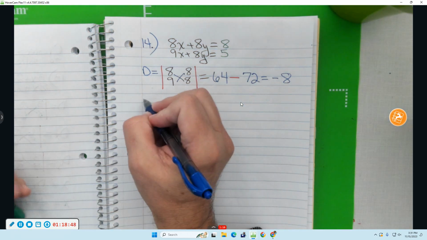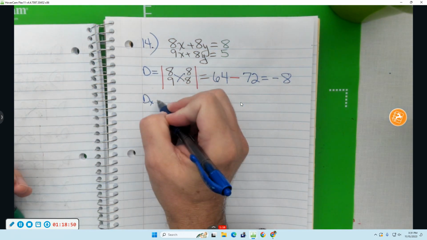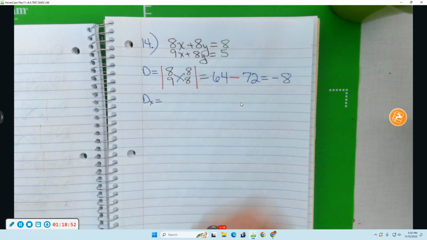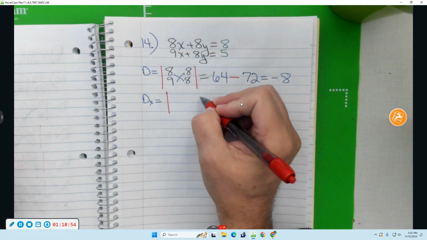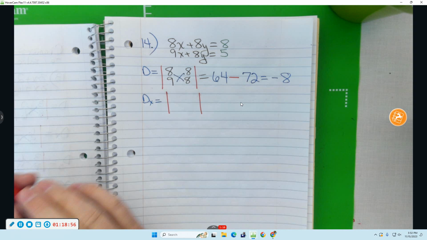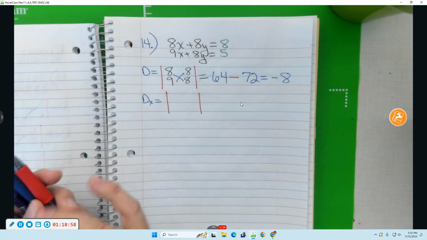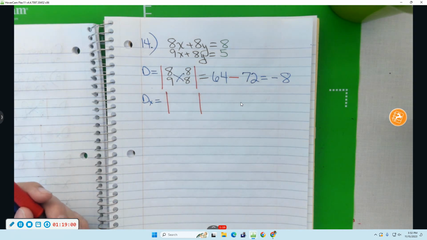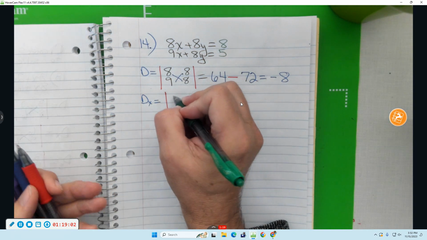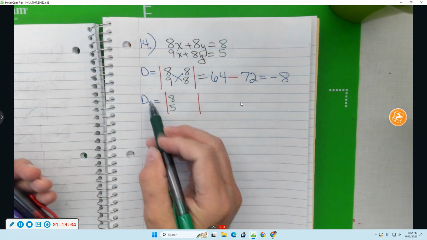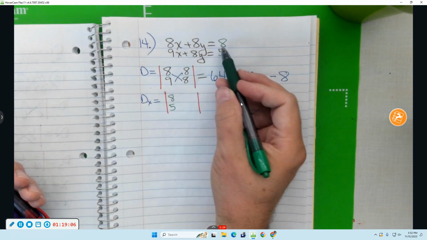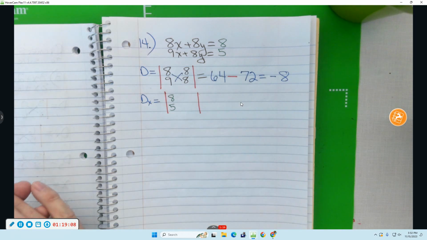Now we'll find D subscript x. Call out the first column to me. 8, 5. We're replacing the x column with the column of constants. What's the y column? 8, 8.